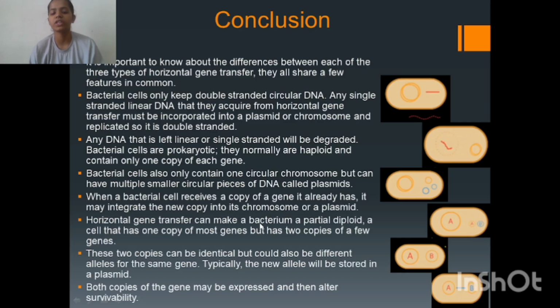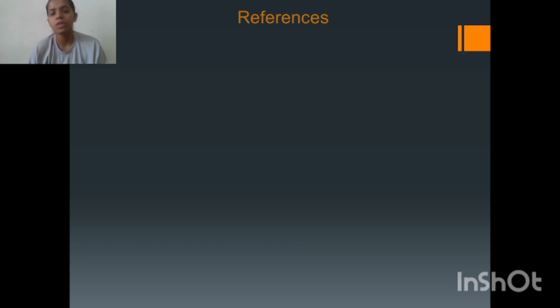Horizontal gene transfer can make a bacterium a partial diploid, a cell that has one copy of most genes but has two copies of a few genes. These two copies can be identical but could also be different alleles for the same gene. Typically, the new allele will be stored in a plasmid. Both copies of the gene may be expressed and then alter survivability. So this was the conclusion of the horizontal gene transfer mechanism.